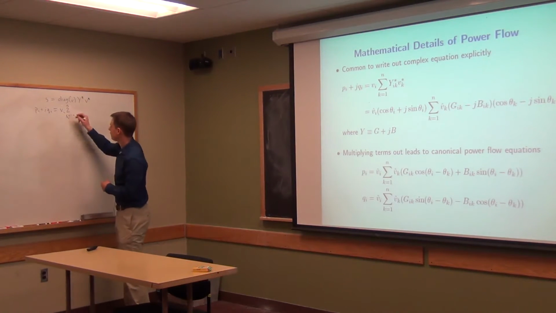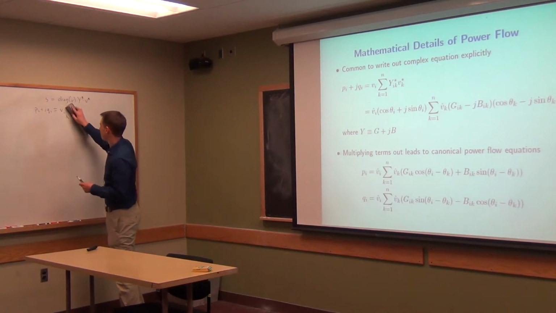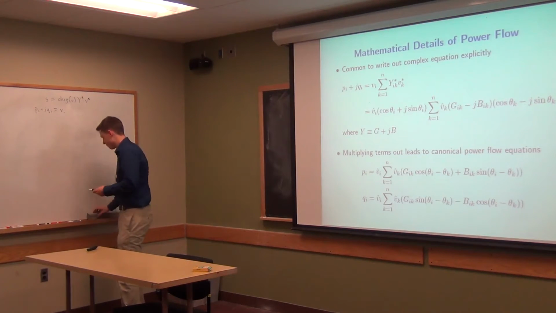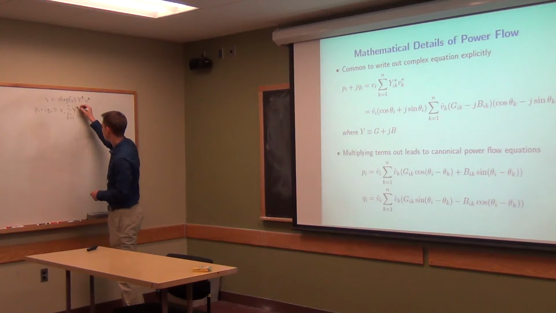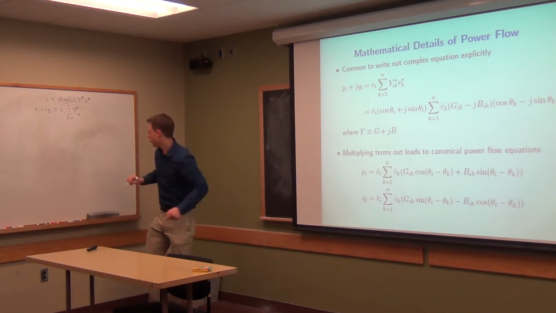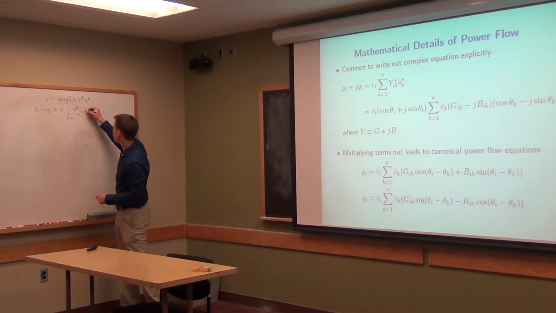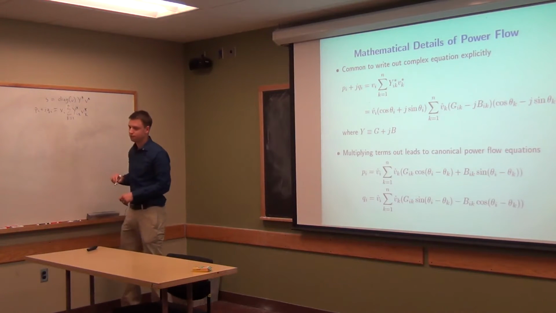I'm going to write this a little bigger, it might be hard to see in the video. So, the sum from k equals 1 to n of Y conjugate ik, V conjugate k.